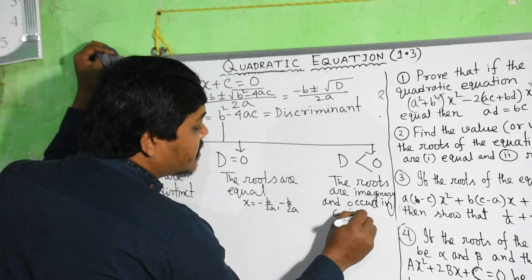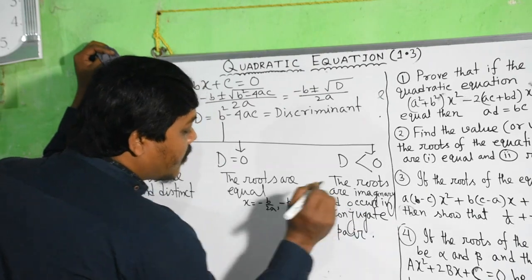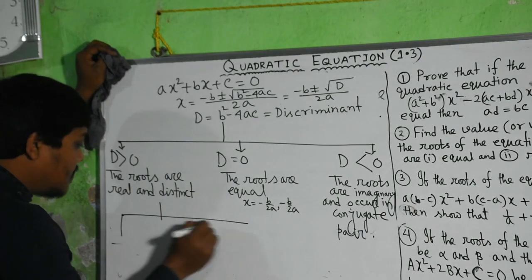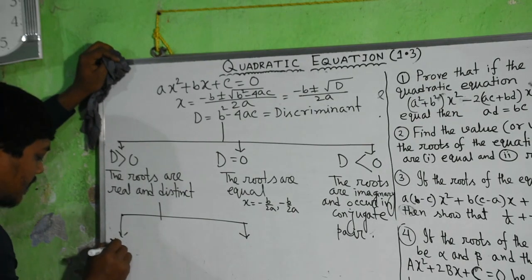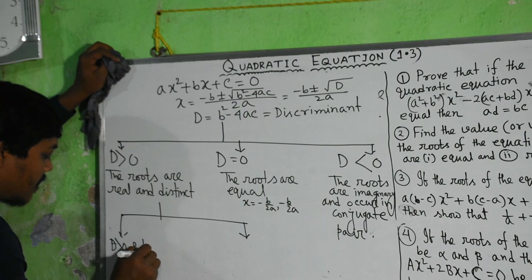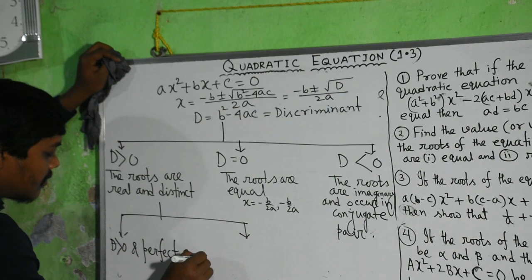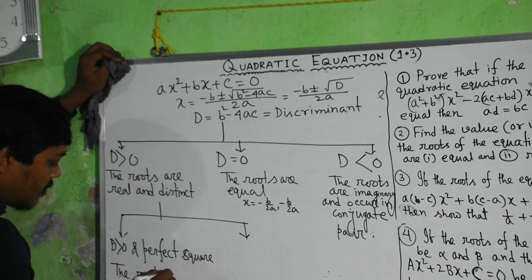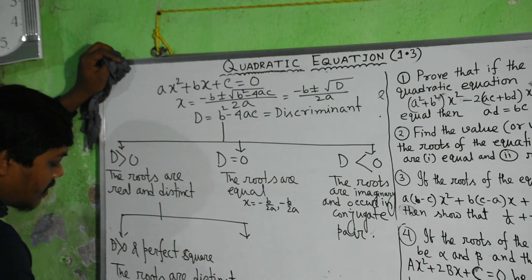I have already discussed what a conjugate number or conjugate pair is in the previous part of the quadratic equation. So in this case two subcases have arisen. Subcase 1: if D is greater than 0 and a perfect square, the roots are distinct and rational.